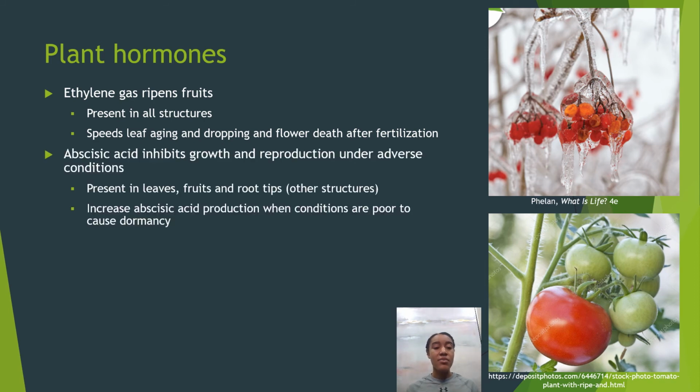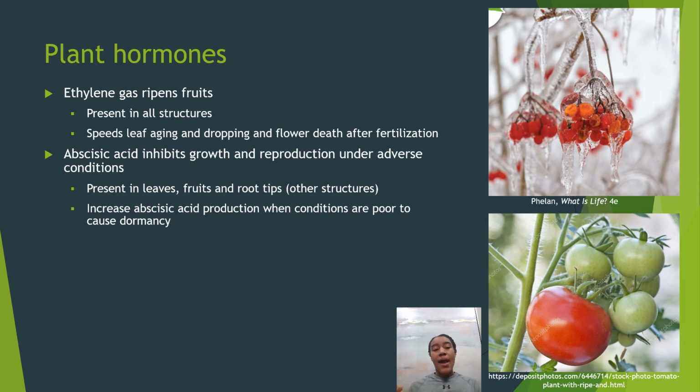We have abscisic acid, which inhibits the growth and reproduction of plants under adverse conditions. If you've ever been in Georgia for an extended period of time, you've seen those days where it'll be nice and sunny, and then all of a sudden it'll drop in temperature in the spring and get really, really cold. It might even snow.